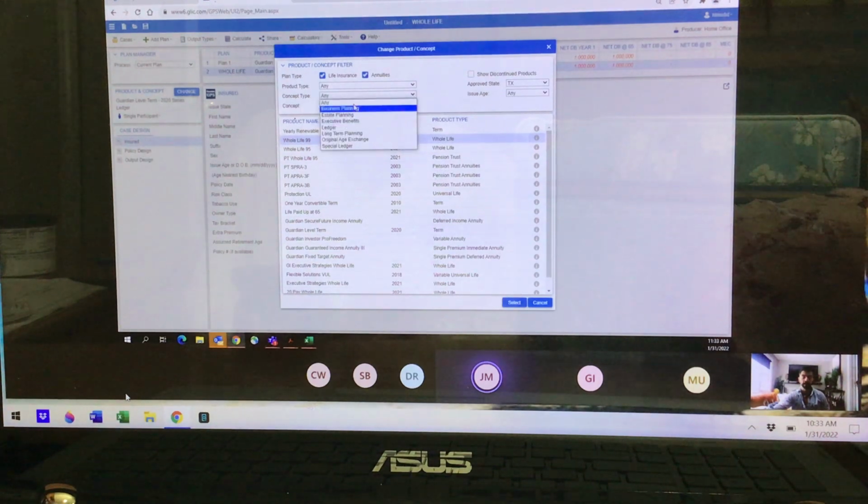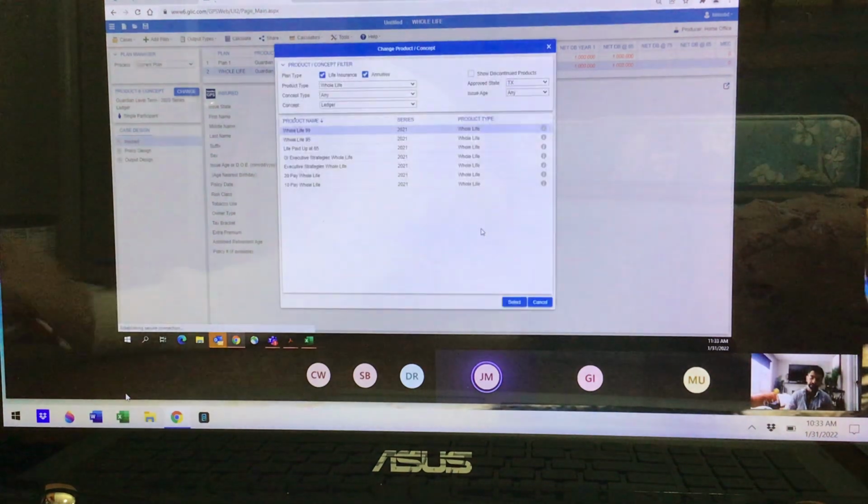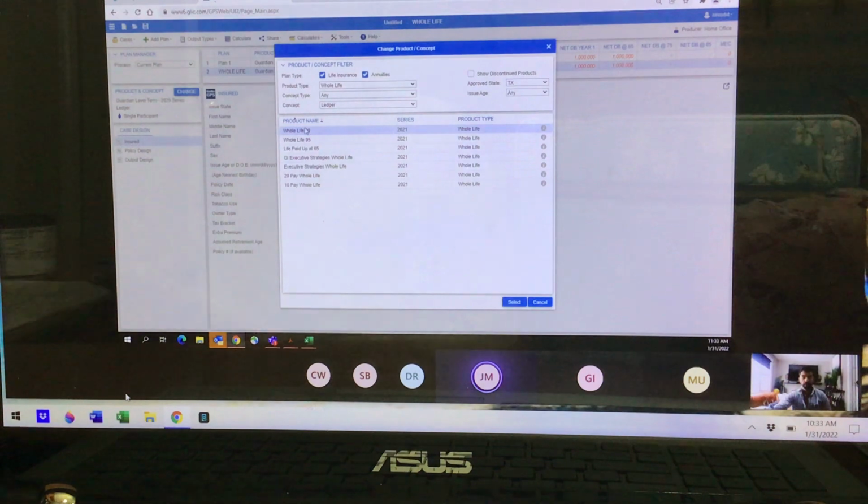But real quick, while we're there, I'm going to just go to whole life. And let's go through some of the pluses and minuses of each of these contracts. Right now we have 2 core products. It will be 3 in a few weeks. But right now we have Whole Life 99 and Whole Life 95.